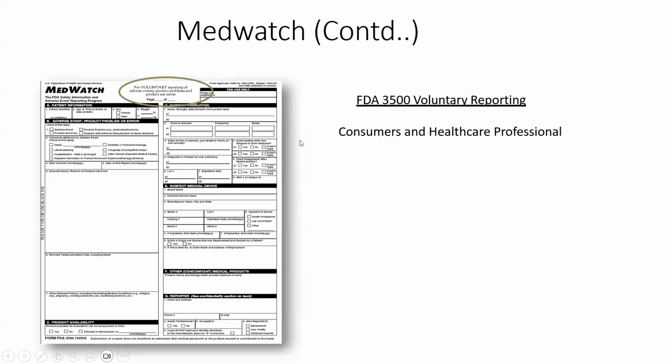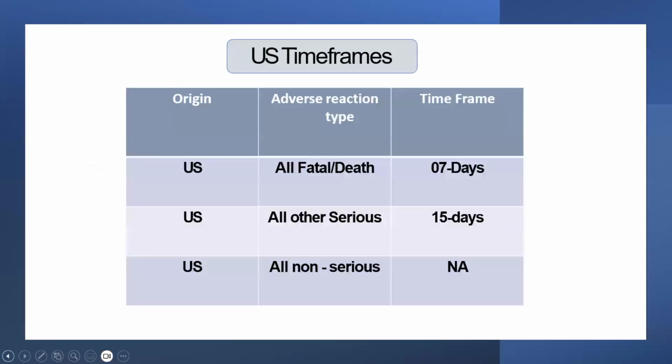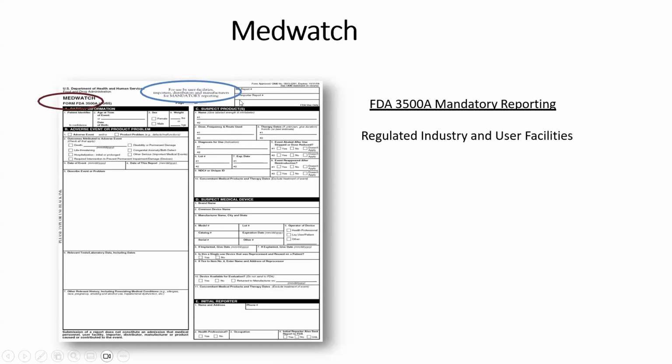All other information is more or less the same. Only some report numbers, duplicate numbers or some regulatory numbers are more in the mandatory forms, because when they are submitting to the regulatory authorities, they are assigned some numbers, and those numbers need to be filled into these forms only.